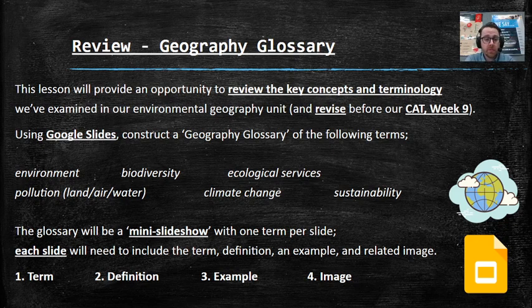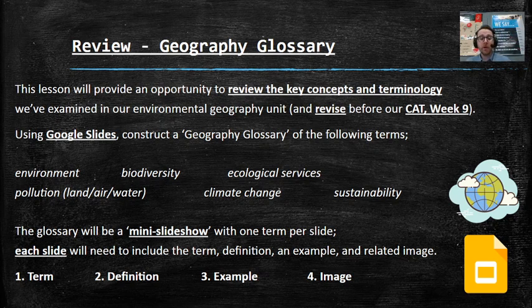So 6 key terms there, or you could break up pollution into a couple of different slides, I suppose. I'll leave that up to you. You'll be constructing this glossary in Google Slides, so you can think of it as a mini slideshow with 1 term per slide.